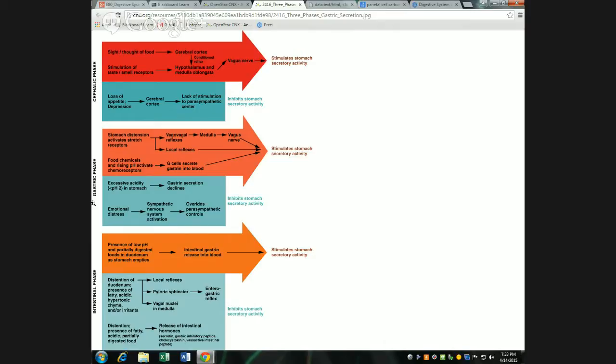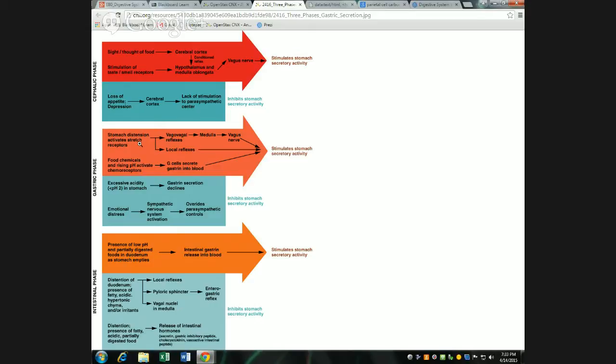Okay. The next phase is called the gastric phase, which means what the stomach does for itself. So when the stomach stretches out, which is what distension means, stretch receptors are activated, or when there's rising chemical levels, whether it's hydrogen ions for pH or macromolecules that are present in food, any of those things will lead to more activation.